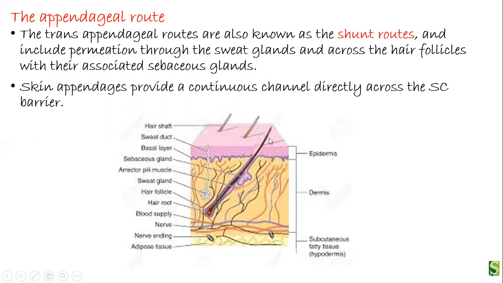Once the drug is applied here, it will move through the inner lumen of the hair follicle through which the shaft comes. The drug will move something like this, and then go into the blood circulation. So this is the transappendageal route.